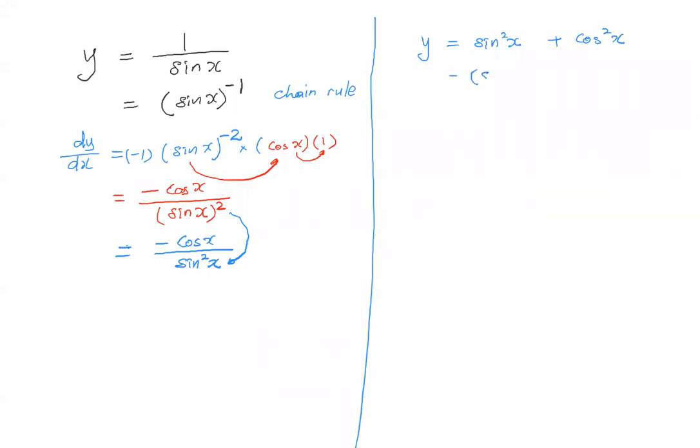So this means (sin x) squared plus (cos x), the whole thing squared. Can you please find the dy/dx, both using the chain rule? And I can tell you the answer is equal to 0. After that I will tell you why.